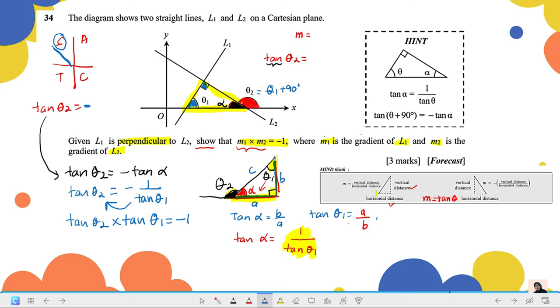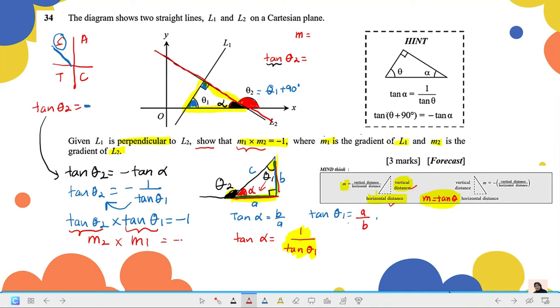And then we have learned gradient is vertical distance over horizontal distance, which is tangent. So you can write M2 for this line L2, the gradient is M2, and for this line the gradient is M1.